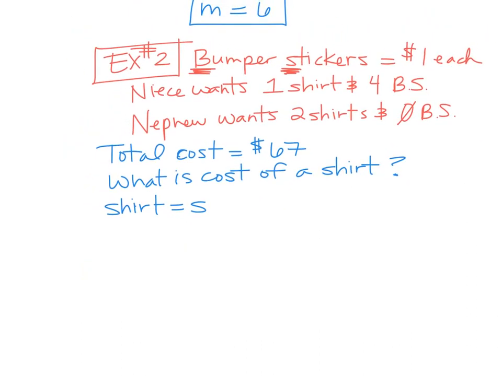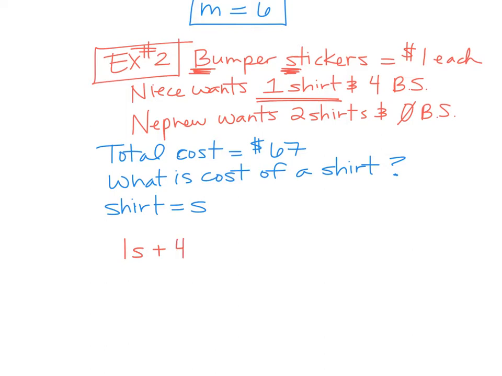It says the niece wants 1 shirt, so we would call that 1S, and 4 bumper stickers. But instead of saying 4B, how much does a bumper sticker cost? $1. So if she wants 4, how much money is that? $4. So the niece is going to be 1S plus 4.